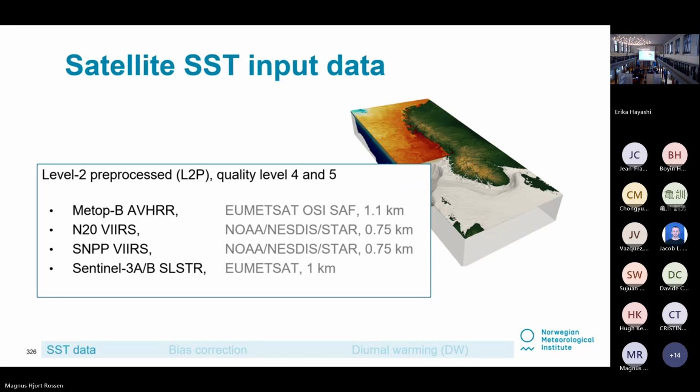Okay, so this is the list of what we assimilate. We assimilate level 2 products, quality level 4 and 5. And the list is shown there. It's the infrared that I listed. So you have MetOp-B, N20, NPP, and Sentinel-3 A and B.